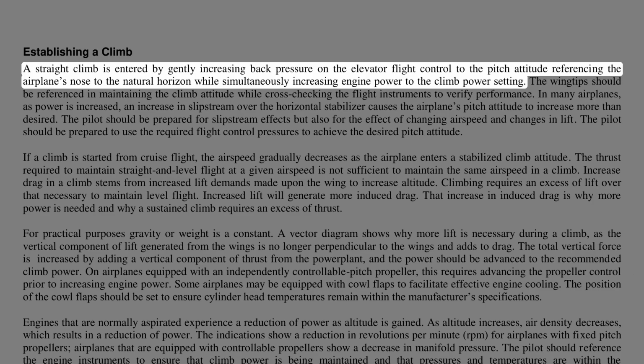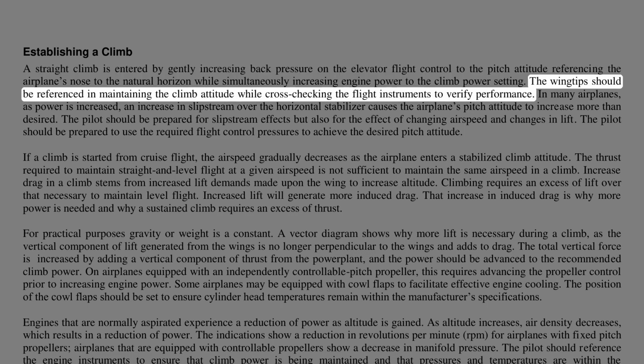A straight climb is entered by gently increasing back pressure on the elevator flight control to the pitch attitude, referencing the airplane's nose to the natural horizon, while simultaneously increasing engine power to the climb power setting. The wingtips should be referenced in maintaining the climb attitude while cross-checking the flight instruments to verify performance.